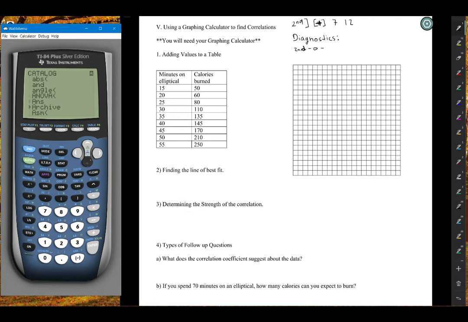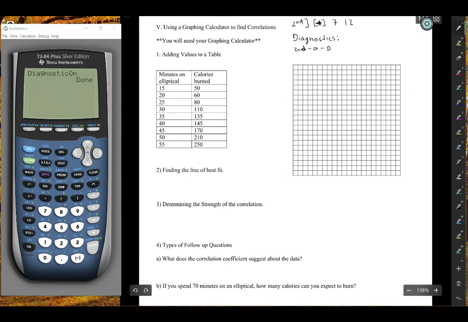It will take some time. Diagnostics on, and hit enter. So second, 0, scroll down to diagnostics, and make sure it's on. Once it's done, that's all you need to do for that part.